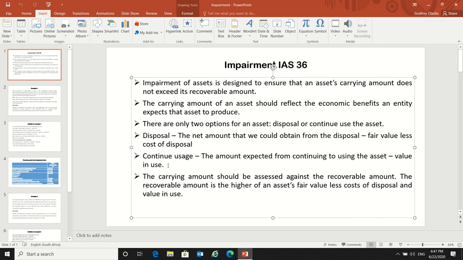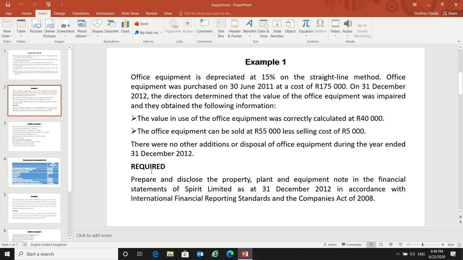They can be commission, or it can be other costs, right? So the carrying amount should be assessed against the recoverable amount. The recoverable amount is the highest of the asset's fair value less cost of disposal and the value in use, like I've said, right?